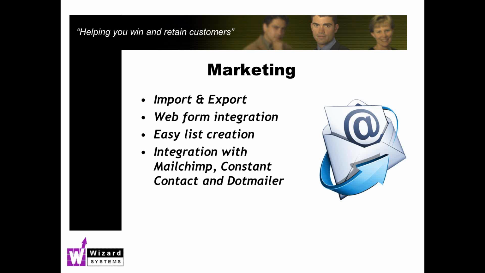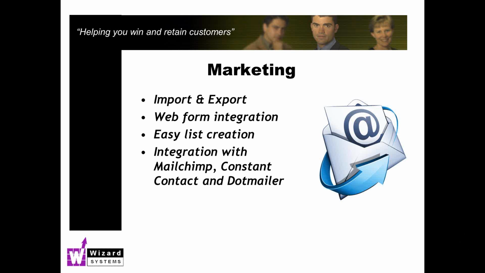So the integration with email marketing is included with Workbooks. You create your list in Workbooks. That list is uploaded to one of those three systems. One of those three systems, obviously, they allow you to create the nice looking email, the nice looking HTML template that you send to your customers, and those systems will deliver the email to the recipients.